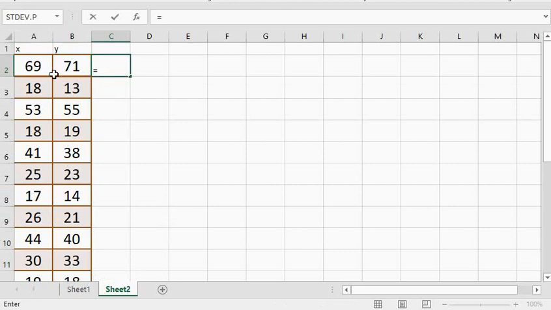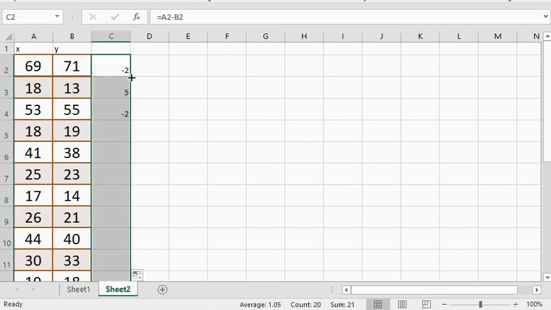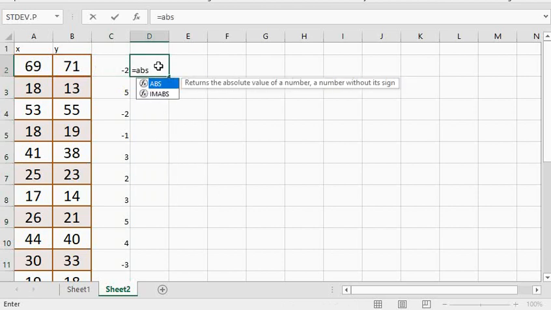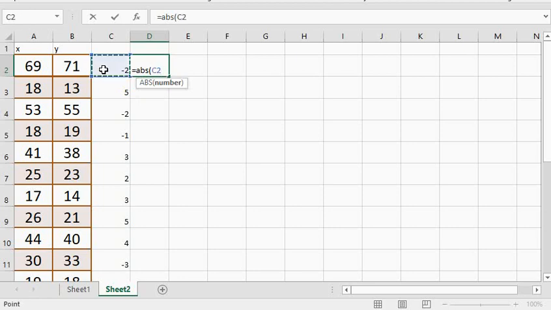We find the difference, and again the absolute value of that. So this is d equal to x minus y, and this is absolute d.